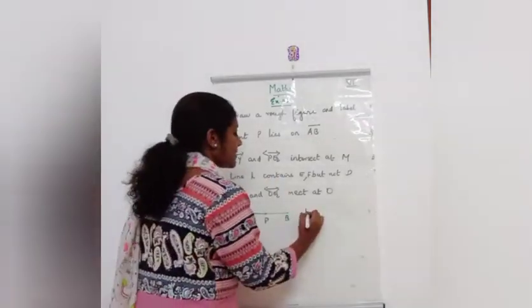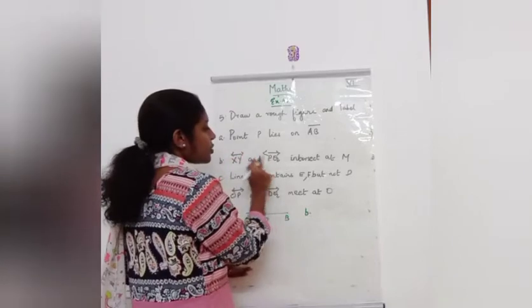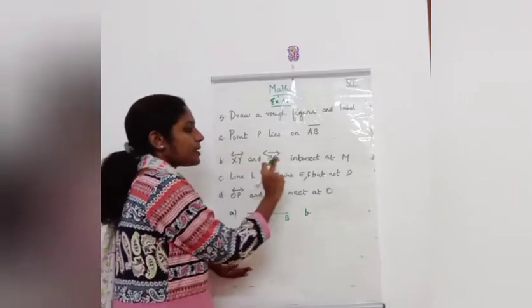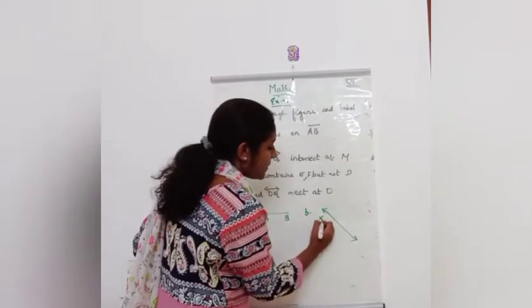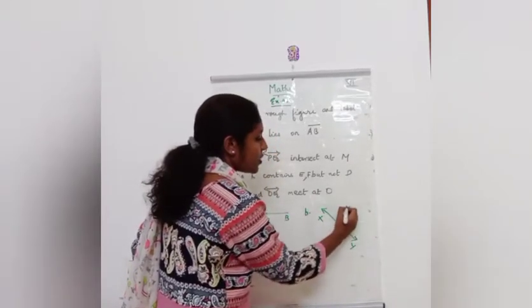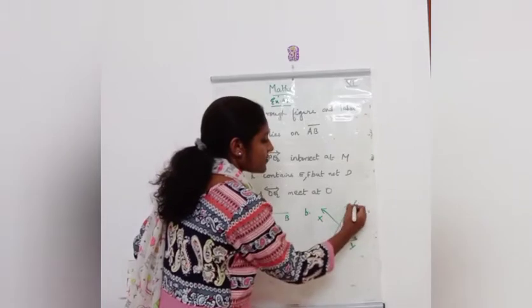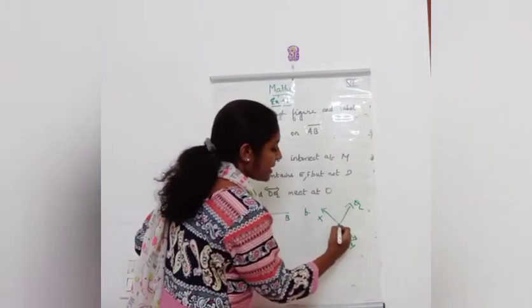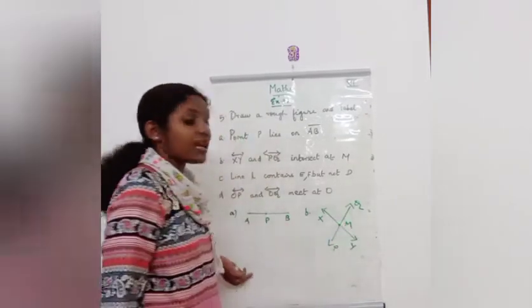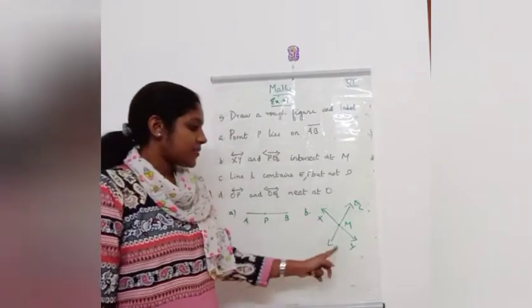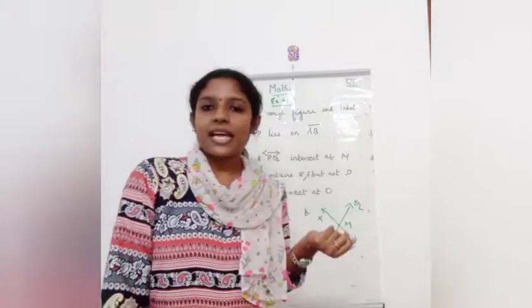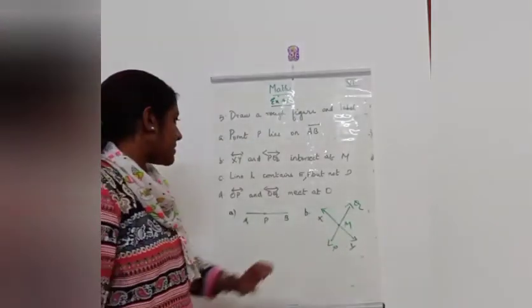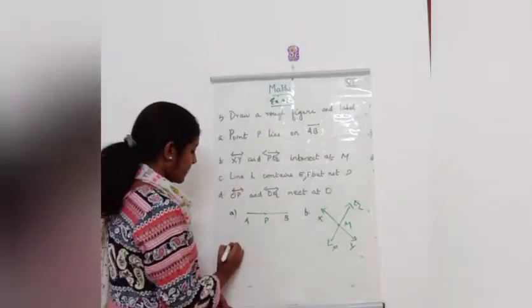So second question is XY and PQ are two lines which intersect at M. So this may be XY, then PQ, two lines which intersect at point M. Intersection point M mark ചെയ്യുക. So XY and PQ are two lines which intersect at M. So that is also clear for you. These are intersecting lines.